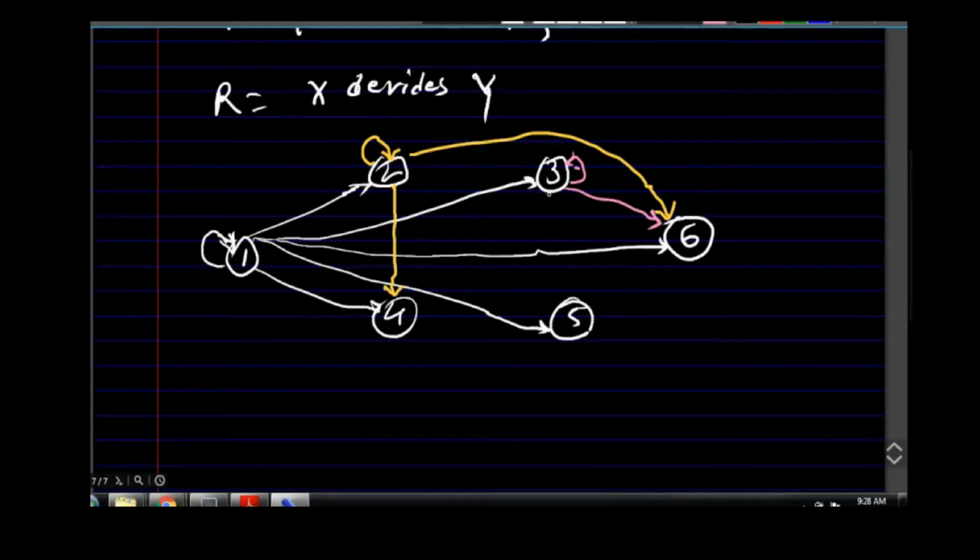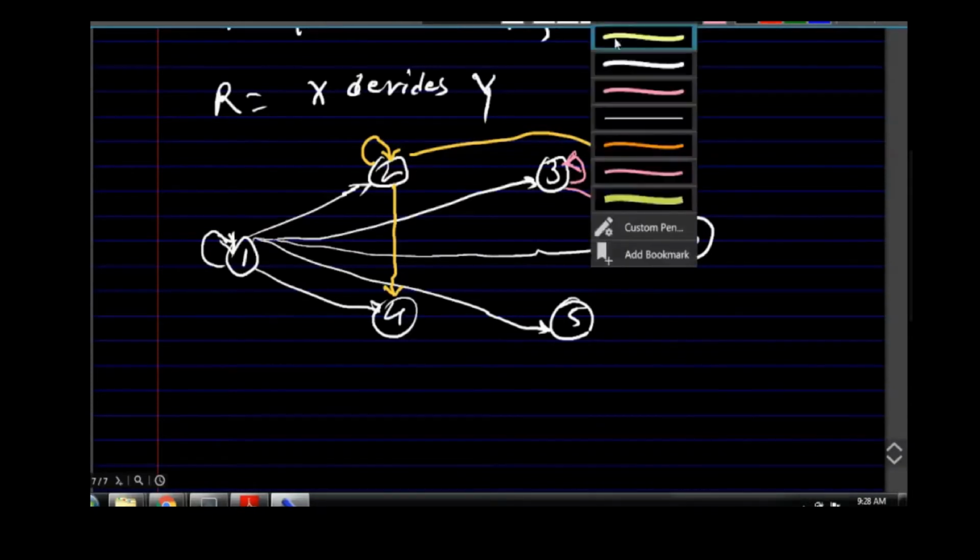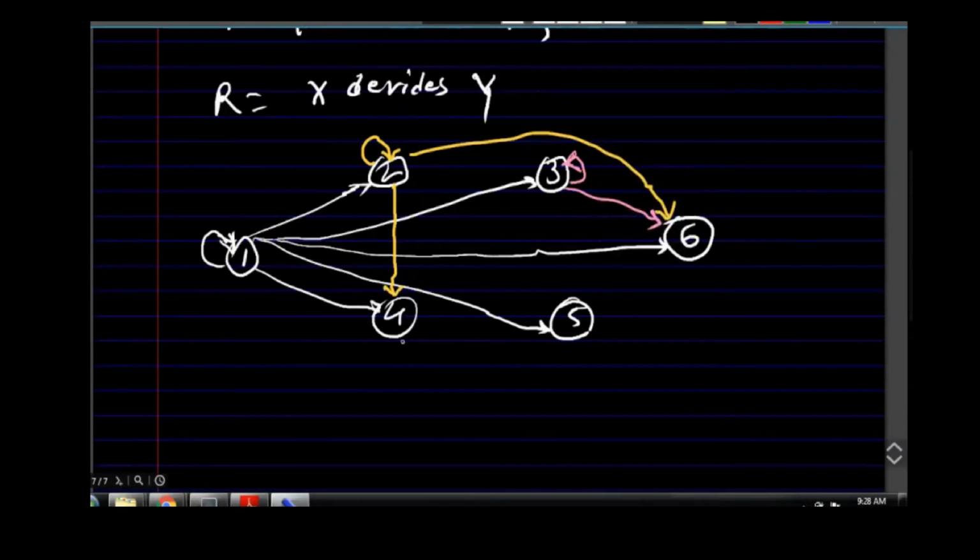Is there any other edge possible with 3? 3 will divide 3, and 3 will divide 6. That means only 2 edges. Then next element you will consider as 4, but 4 doesn't divide any number out of these except 4 only. Similarly, 5 will divide 5 itself, and 6 will divide 6 itself.